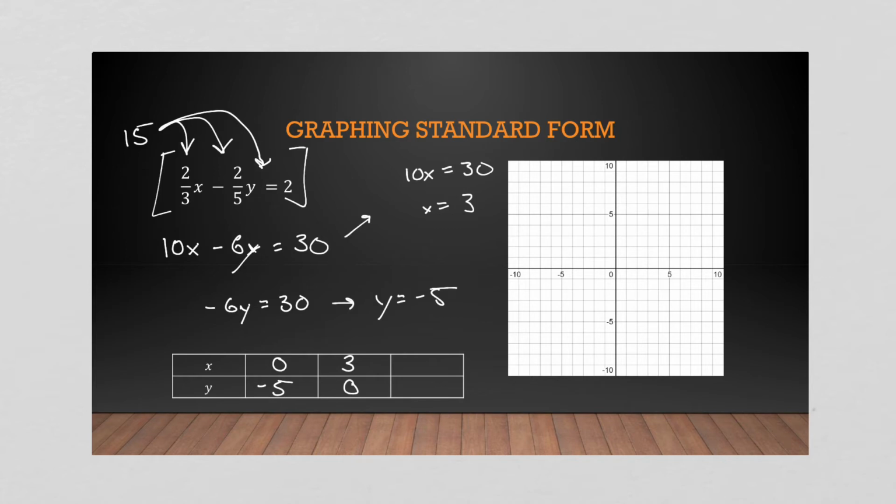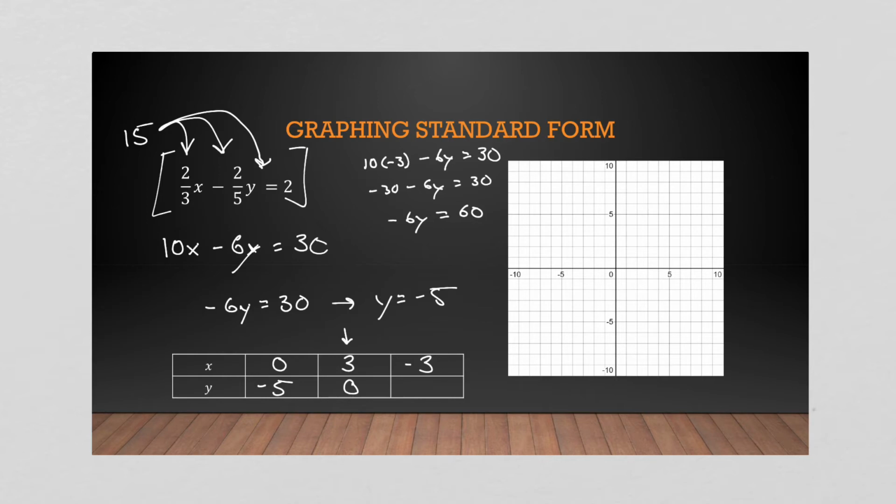And now, good practice. Let's take this number, but with the opposite sign. Or you could just increase it 3 more to go to 6, but let's do this one instead this time. So we'll say, what about when x is -3? Well, 10 times -3 minus 6y should be 30. -30 minus 6y equals 30. -6y equals 60.